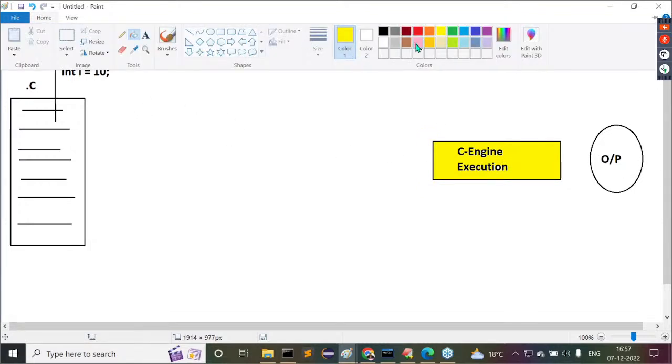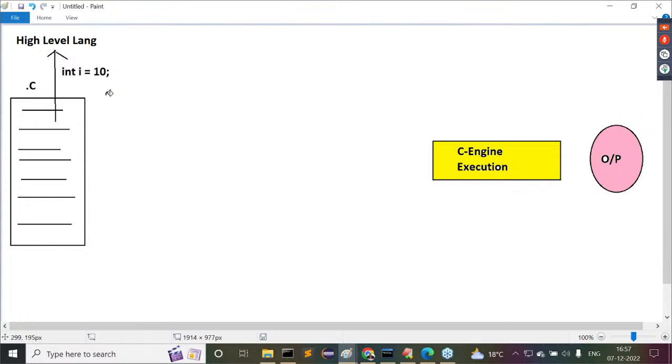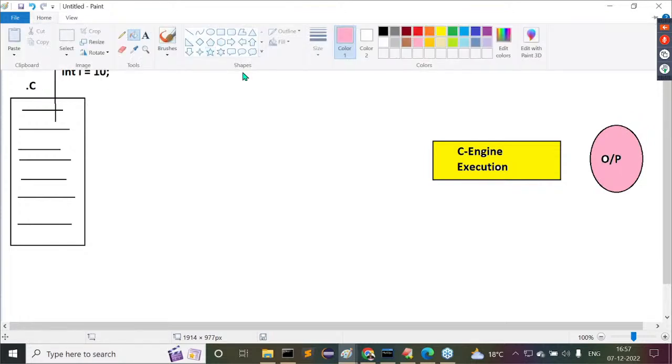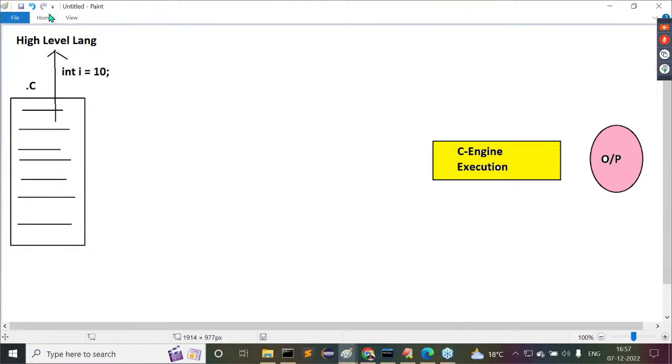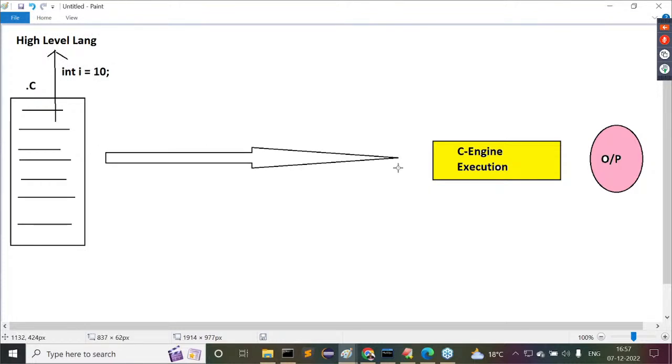Now here I want to get some outputs. This is the point we have to understand clearly. After understanding this, whenever we give a program to the C engine, it will execute that program, then it is able to provide some outputs.